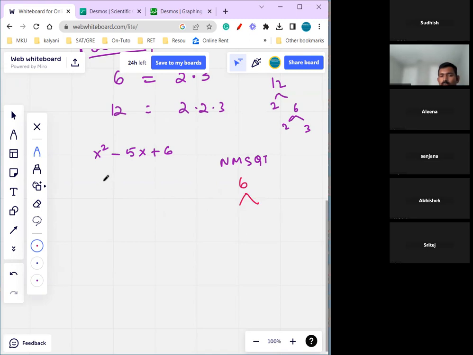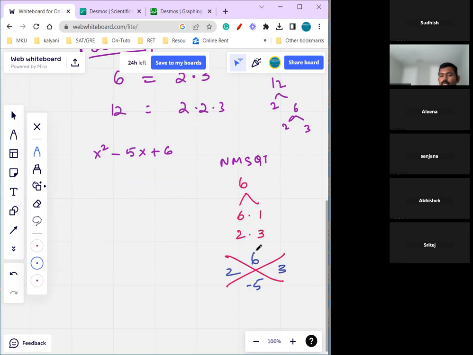So 6, I can write as 6 times 1 or 2 times 3, which is the same as 3 times 2. Those are the factors I can get. There are a couple of ways we teach you: you can write 6 on the top and -5 on the bottom, and then write the factors here.